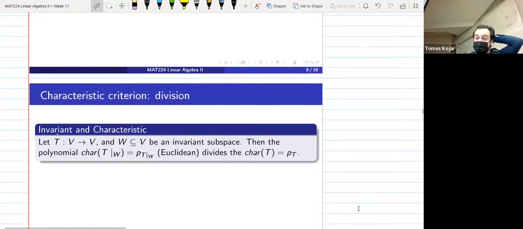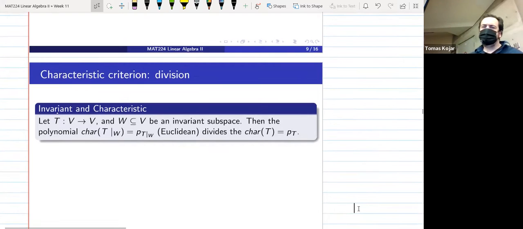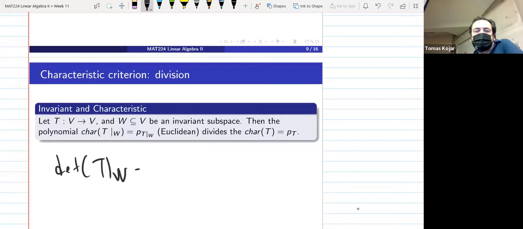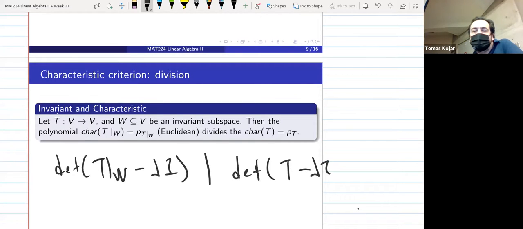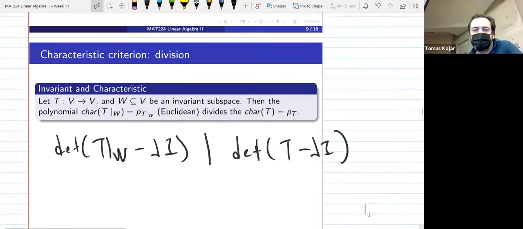Right, so we need the first lemma. If W is T-invariant, then the determinant of T restricted to W minus lambda I divides the determinant of T minus lambda I. I'm going to prove that as polynomials, like Euclidean division.